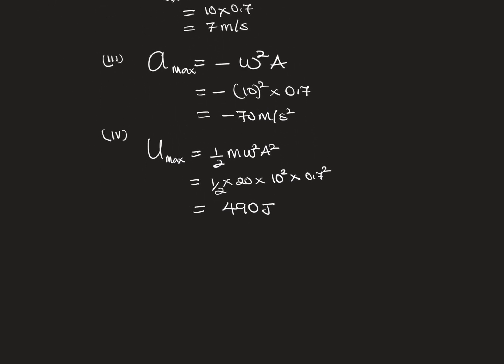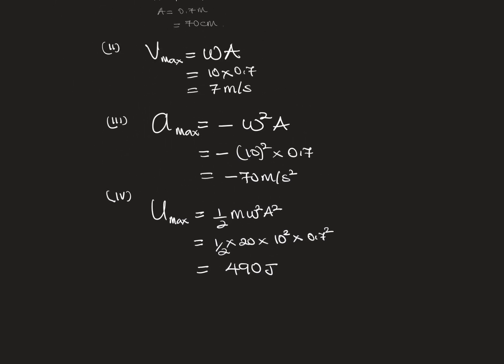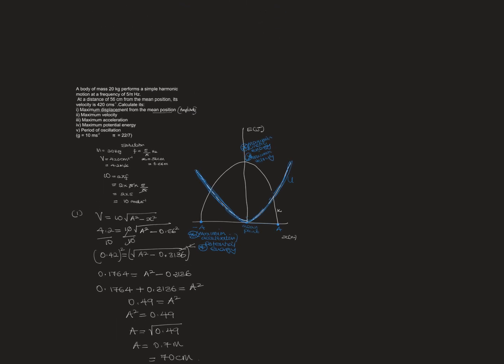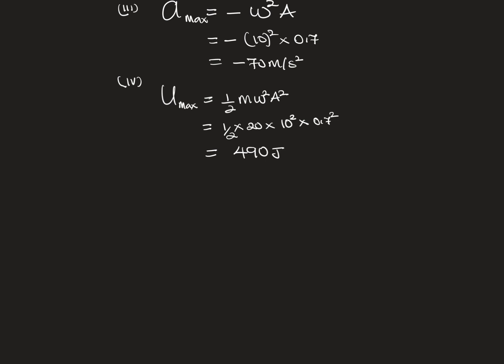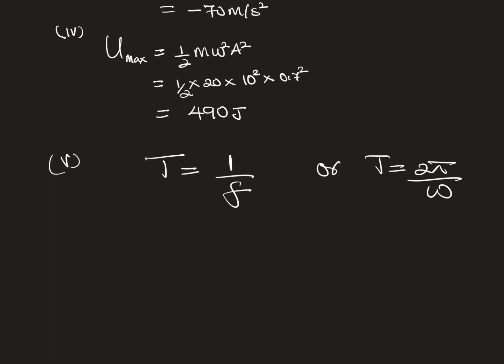All right, so that's question 4. Question 5 asks us to find the period. The period is 1 over the frequency, or the period is 2 pi over the angular frequency. These are the two formulas that you can use to find the period. So period equals 1 divided by the frequency.